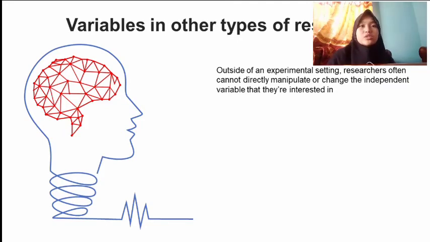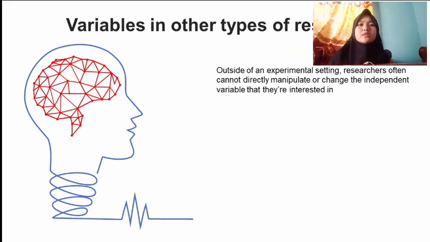The researchers should not change or manipulate it, but find the different kinds of data. For example, they want to research about populations, societies, professions, and their effects. So they should find it on their own.